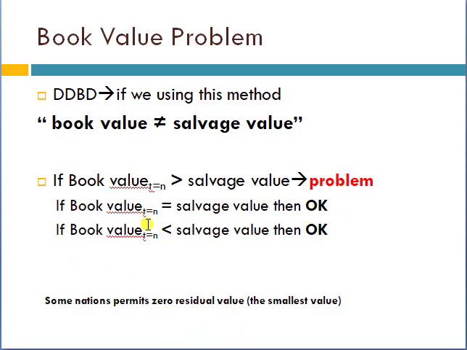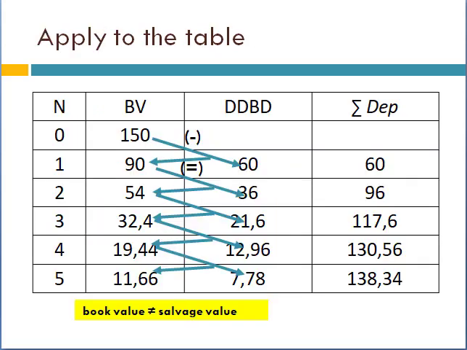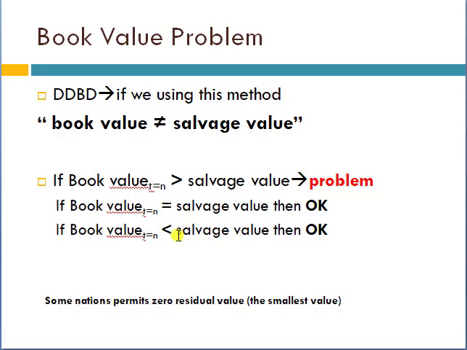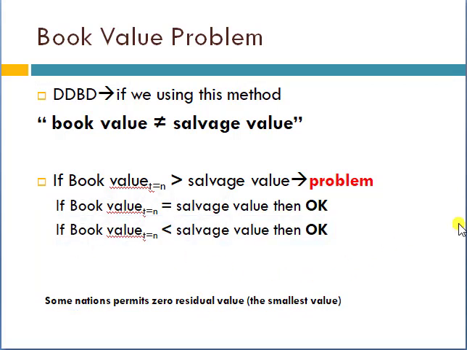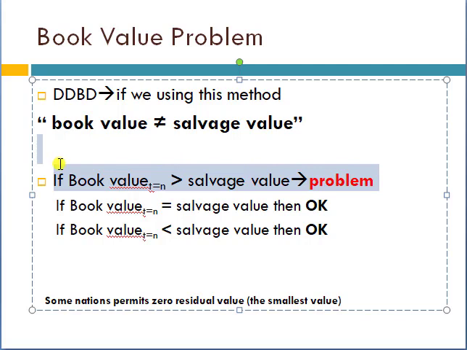But if the book value equals the salvage value, then you may continue to use this number as your book value. If the book value is less than the salvage value, it's okay too. It's not a problem. But the problem is when the book value is greater than the salvage value.